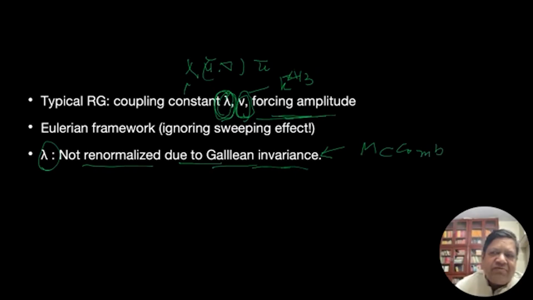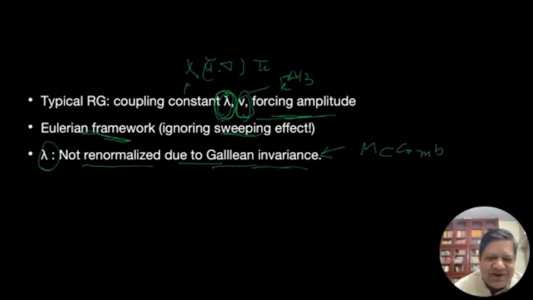Now, before I get further, I should say that I am going to adopt the Eulerian framework. That means we just stick to fluids, not particles or fluid parcels, which is the Lagrangian approach, and it has certain merits. It is simpler, but people objected to usage of the Eulerian framework, like Kraichnan said, because of the sweeping effect, which is not captured by the Eulerian framework. But the Eulerian framework is successful to a large degree, so we stick to it. I'm not going to get into that aspect.